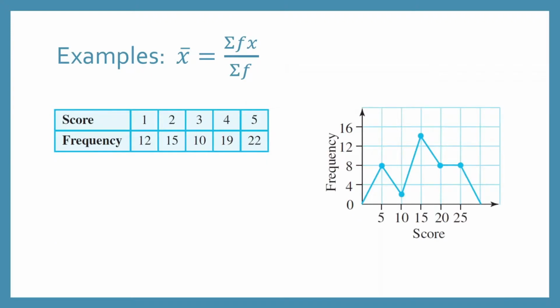Now, I've got a table and I have a polygon. If we have a look at this table, the score x, frequency f, we need to find fx. So 1 times 12 is 12, 2 times 15 is 30, 30, 76, and 110.